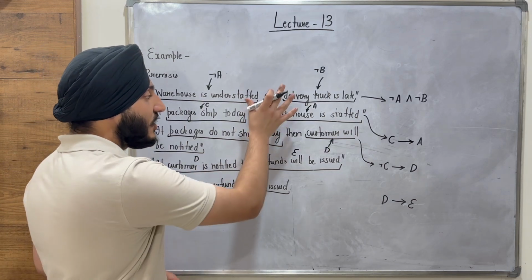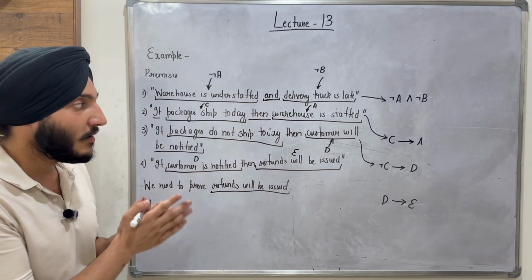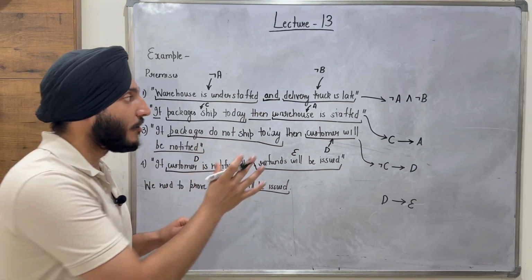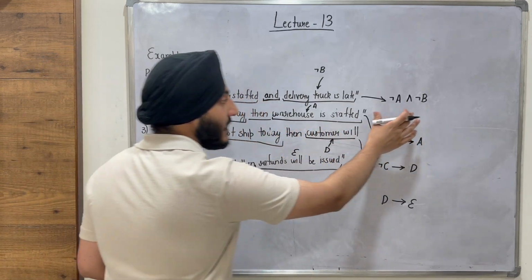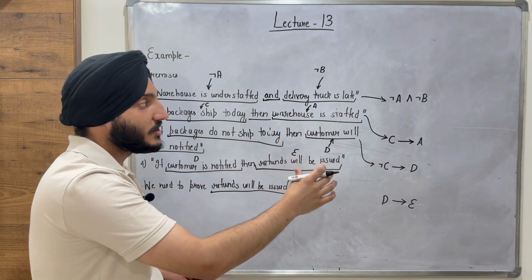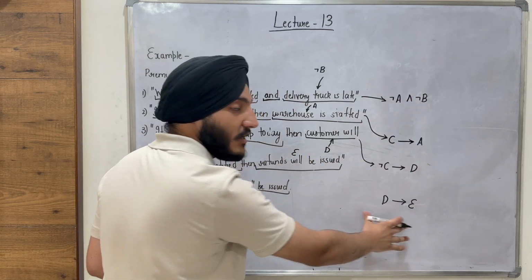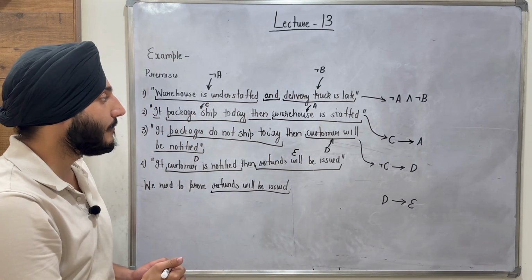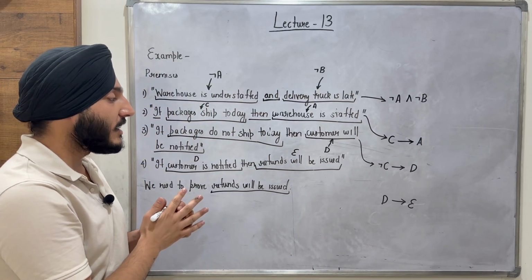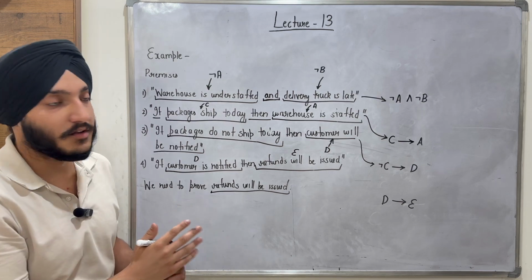I represented each premise, I figured out each premise, tried to separate it or represent it using the symbols, but that involves figuring out what are the propositions and what are the symbols being used, right? Figured that out, I've represented all these propositions using the symbols, right? So this basically completes almost 50% of the answer.